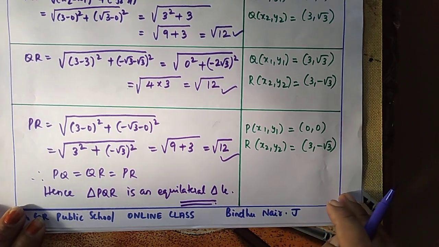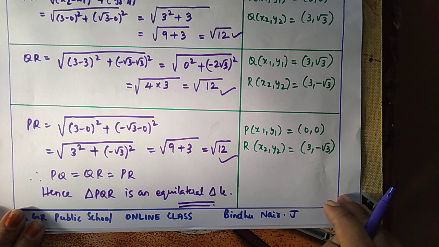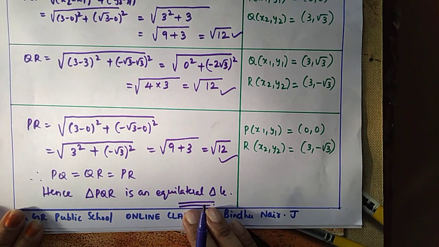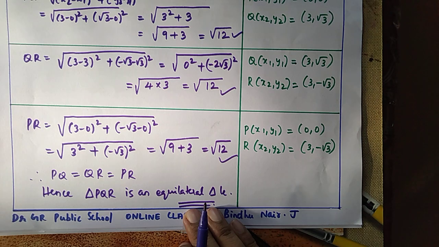So that is the conclusion of this problem. So we found out the length of the 3 sides and we concluded that the sides are equal, therefore it becomes an equilateral triangle. Understood, children? Okay.